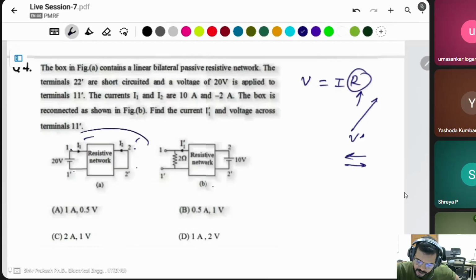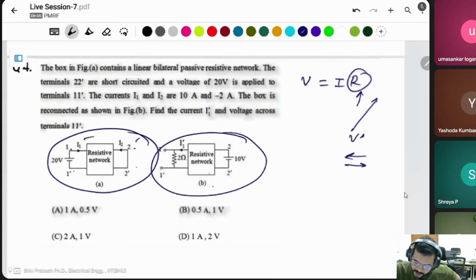Simply, this network will be reversed, the voltage is applied in the reverse direction, and the resistor is connected the other way, at the terminal. It means there is no effect from this.